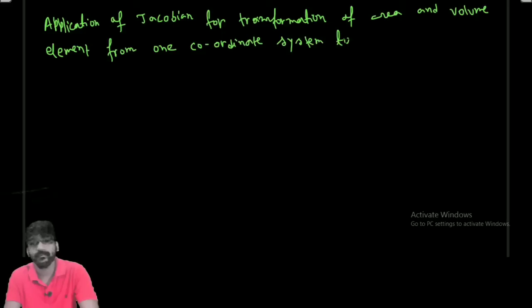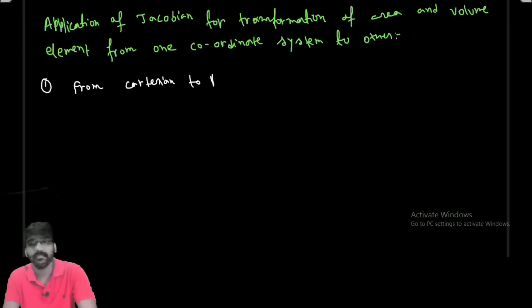So let me first take the transformation from Cartesian to polar, which is obviously the two dimensional case.